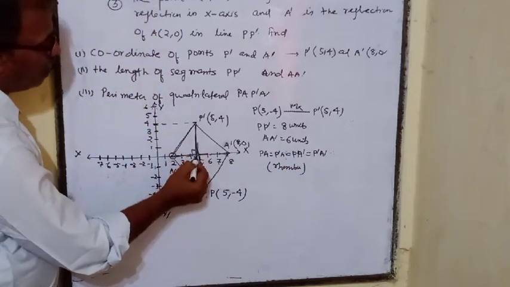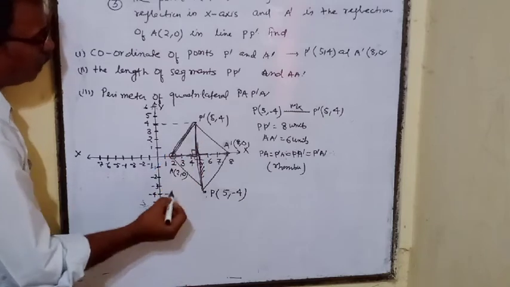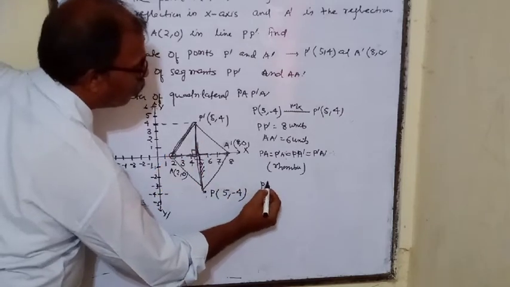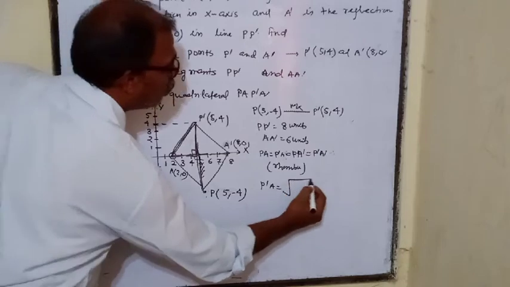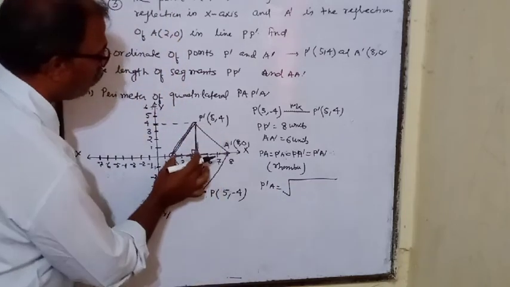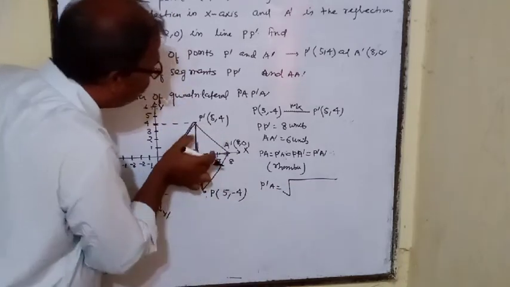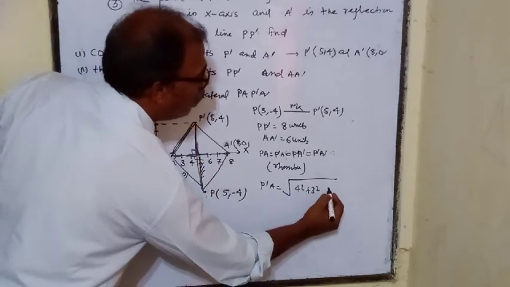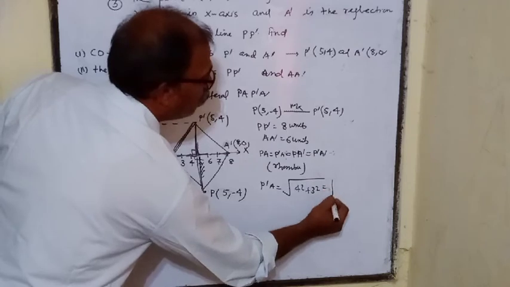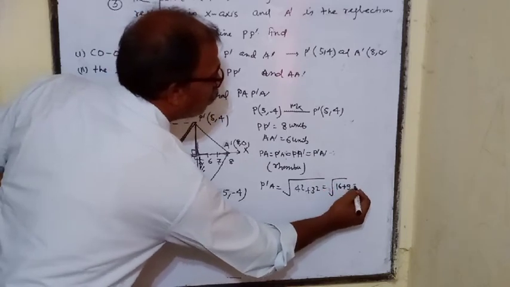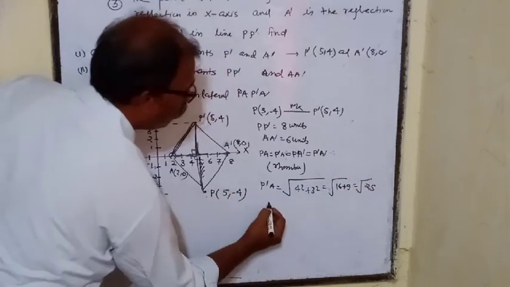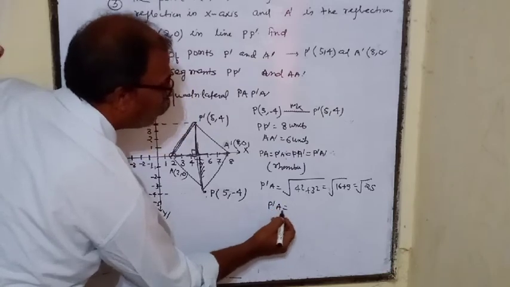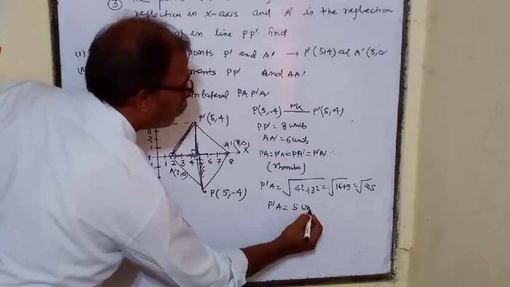In this triangle, if we find the length of P dash A, as per the Pythagoras formula, it is this square plus this square. This length is 4, this length is 3. So it is 4 square plus 3 square, which is root over 16 plus 9, equal to root over 25. So the length of P dash A comes out as 5 units.